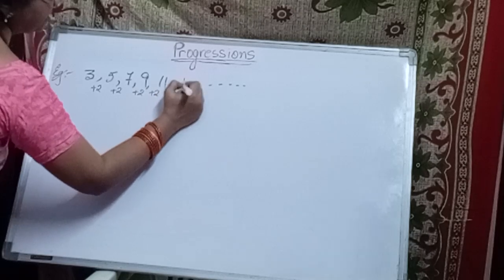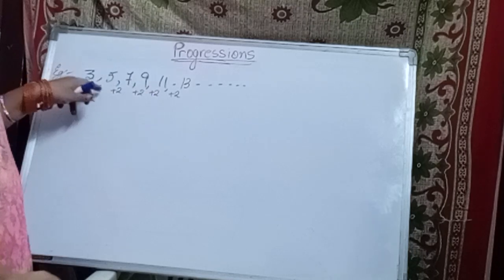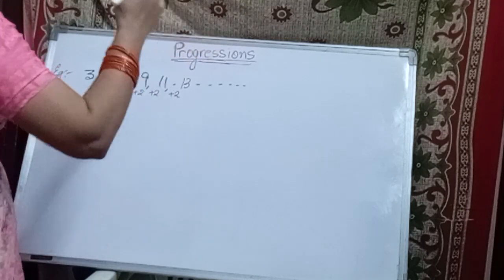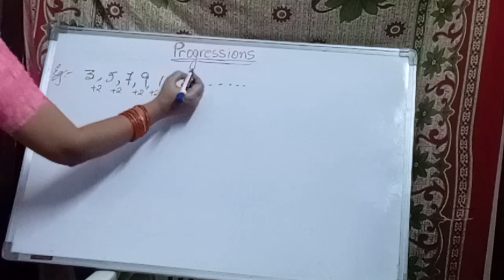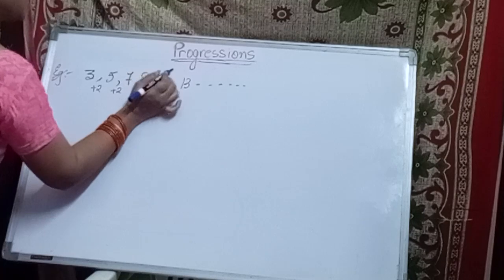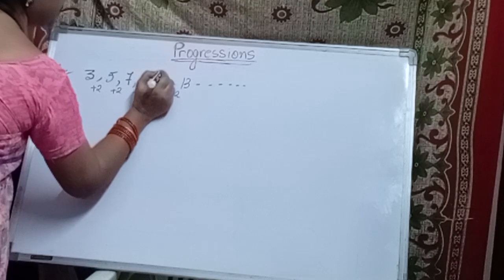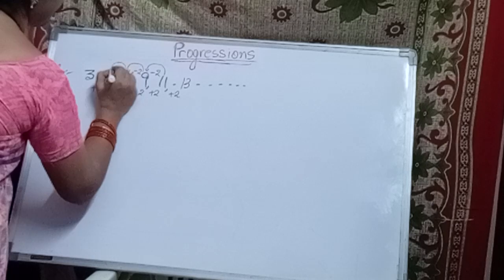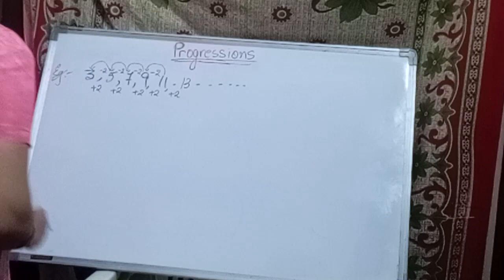So here you will get 13. If you add 2 to each term, you are getting the next term. Otherwise, how can you see the other way? 9 minus 2, that is right. Minus 2, you are getting this. Again minus 2, you are getting this. Again minus 2, again minus 2.